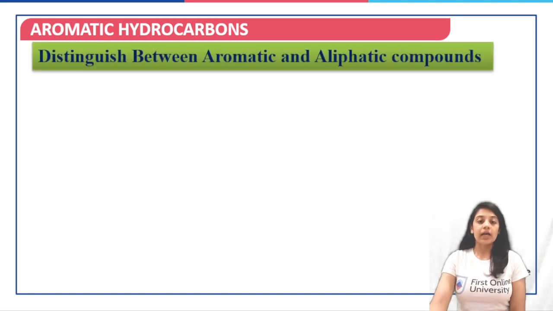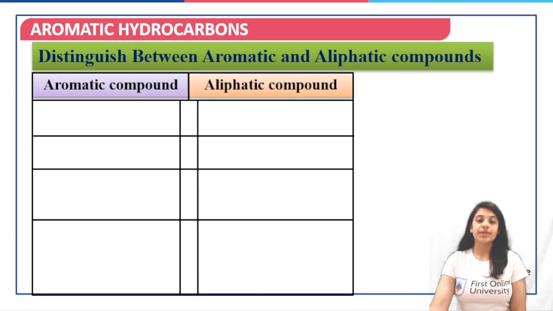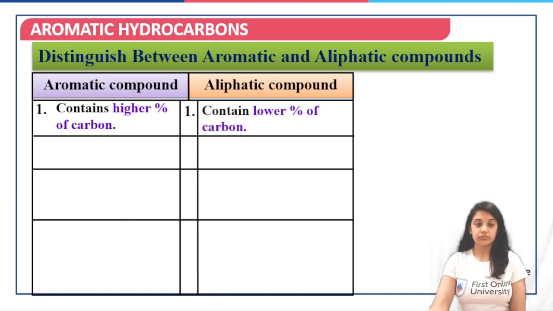Now, what are the differences between aromatic and aliphatic compounds? We will just look at some of the common differences that you should know. The first one is that aromatic compounds always contain a higher percentage of carbon as compared to aliphatic compounds. The aliphatic compounds contain a lower percentage of carbon. The second is that aromatic compounds burn with a sooty flame.